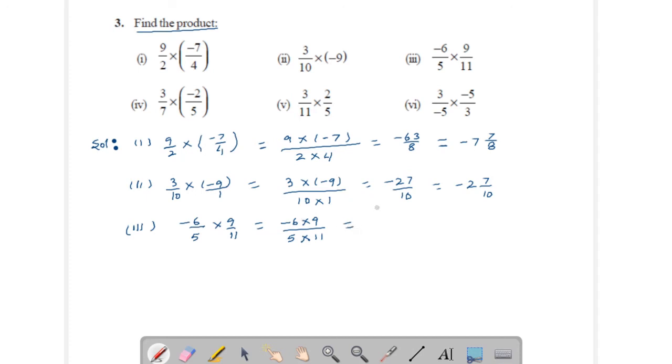You will get minus 54 upon 55. This is your answer.